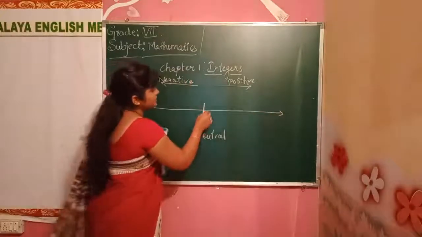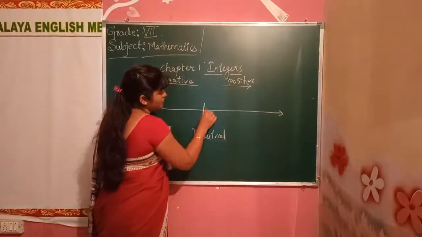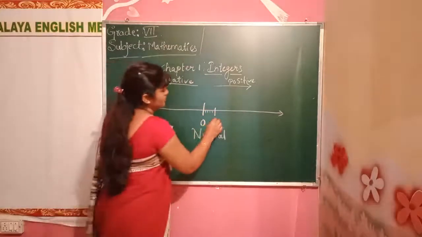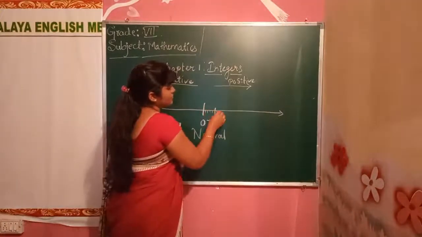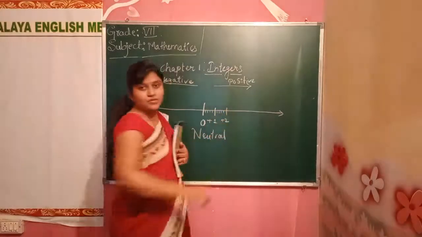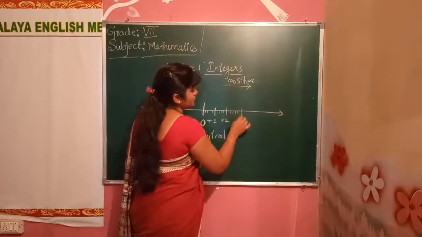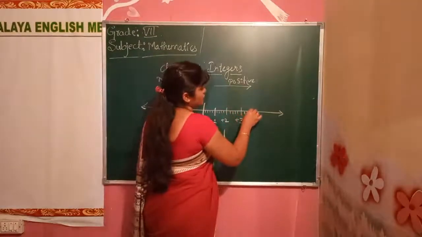We'll write here and count with small marks. 1, 2, 3, 4, 5. Positive 1. After that, 1, 2, 3, 4, 5. Next, 1, 2, 3, 4, 5.